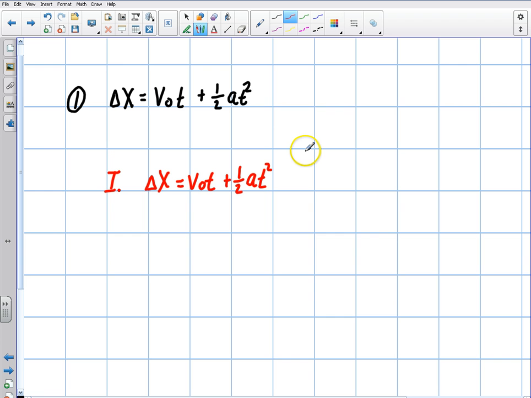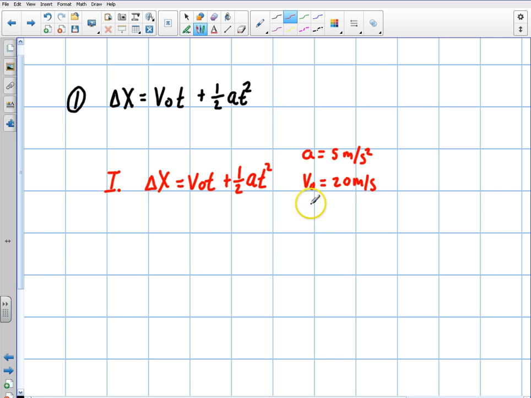So let me just write over here. Let's say that the acceleration equals 5 meters per second squared. Let's say that the v initial equals 20 meters per second.